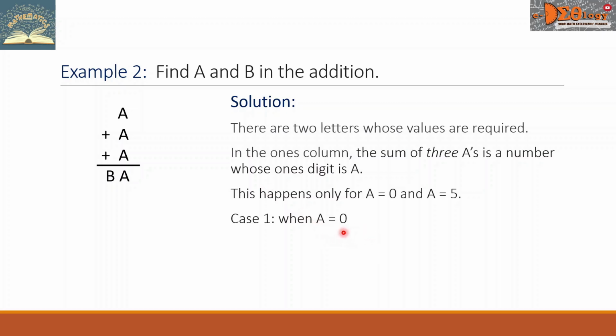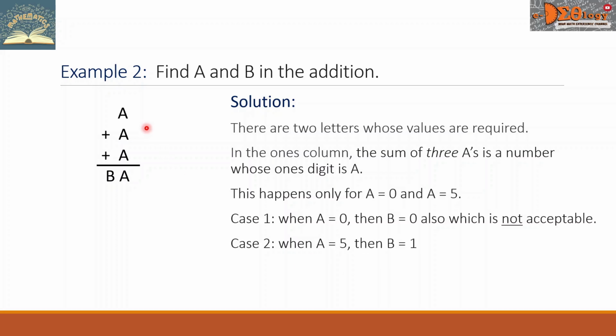When we substitute this value 0 for A, then B equals 0 also, which is not acceptable as per the rule. That means we go to case 2, when A equals 5. When we substitute 5 here, we get the value of B equals 1. Now it is acceptable. That means 5 plus 5 plus 5 equals 15.